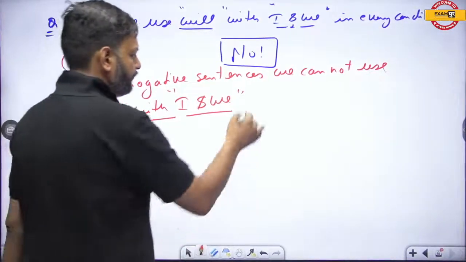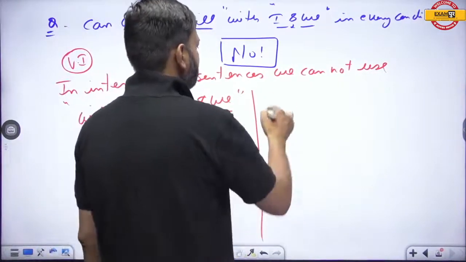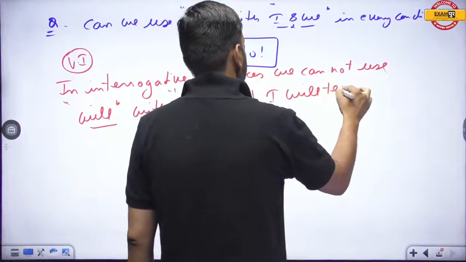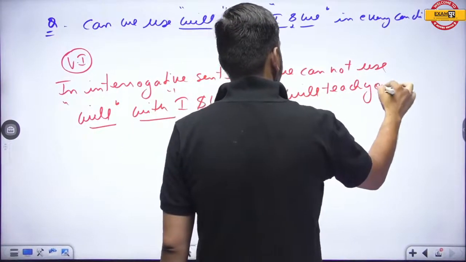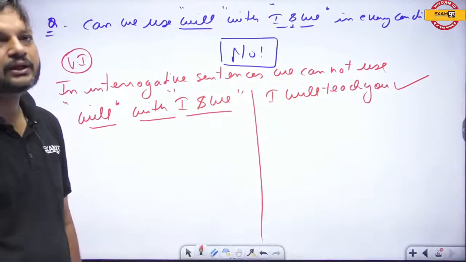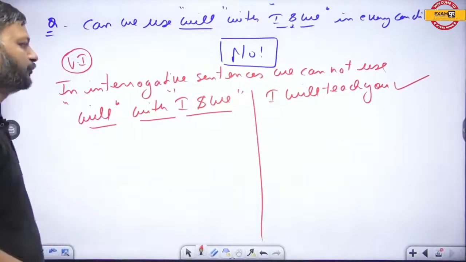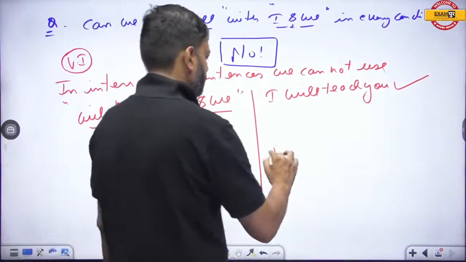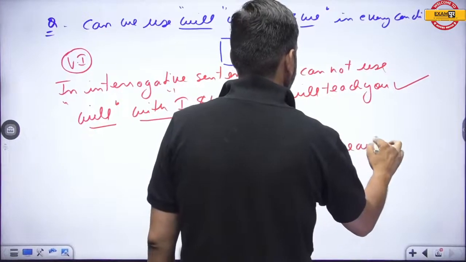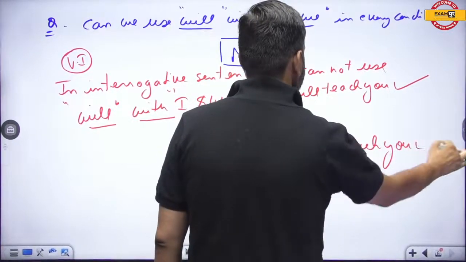For example, if there is a sentence, I will teach you. This sentence is absolutely correct. One more sentence is there. I shall teach you.